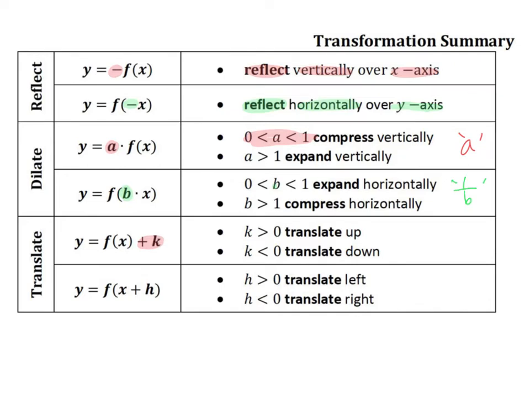We're going to use this word dilate, not expand or compress. So it's going to dilate by a factor of 1 over b. This is going to dilate by a factor of a. And then, of course, we have our up movement with plus k, and then our h tells us if we're going to translate left or right, so it's horizontal.